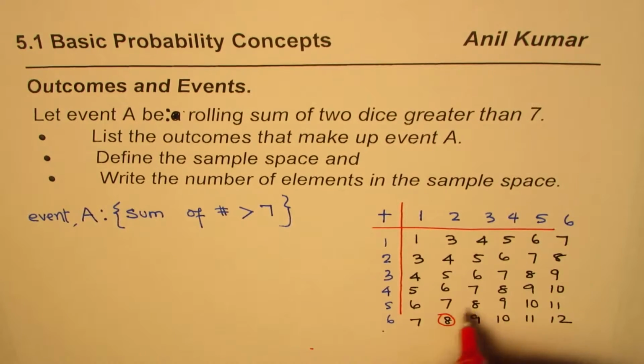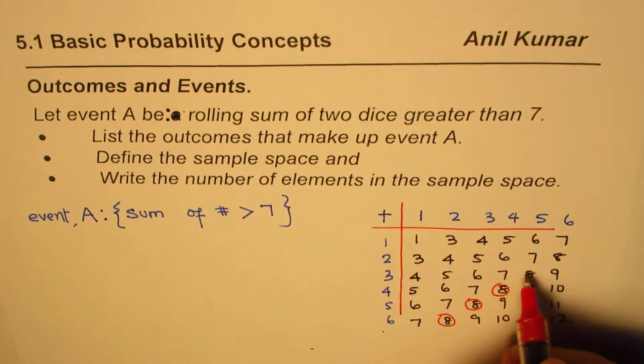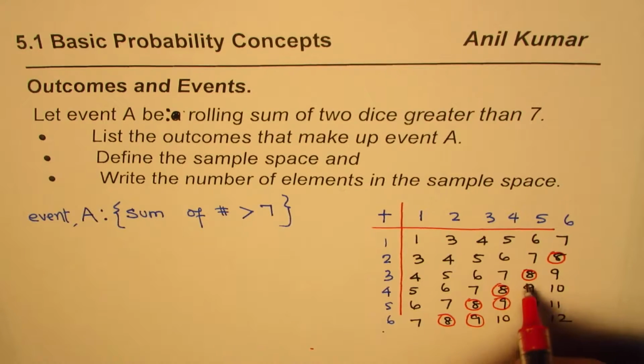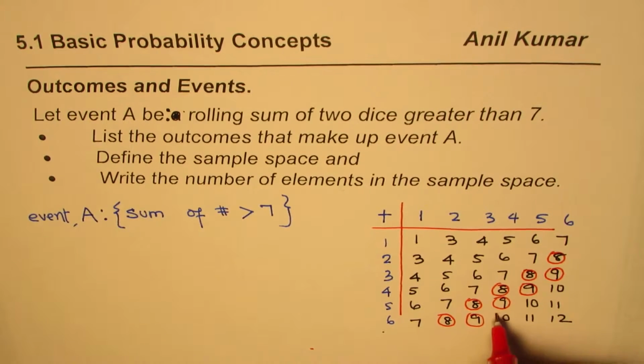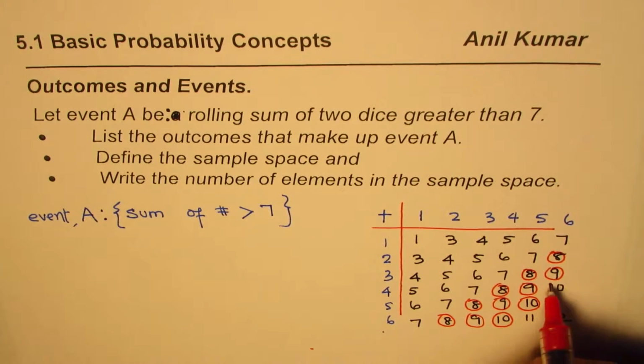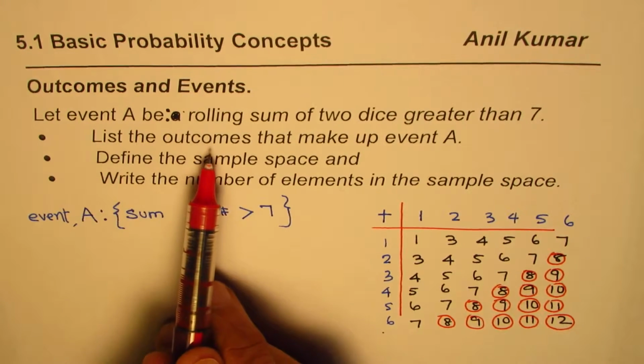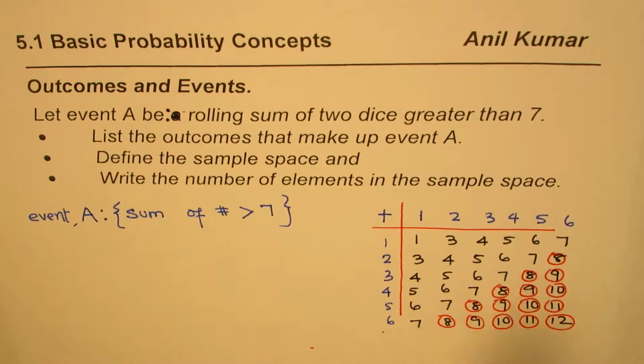As we can see here, these are the numbers where the sum is greater than 7. It says list the outcomes that make up event A.